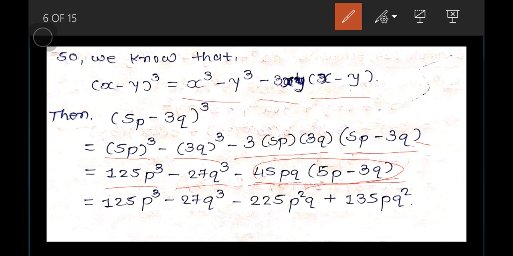After opening this bracket it is equal to 125p cube - 27q cube - 225p square q, and minus minus will be plus, 135pq square. With the help of these cubic algebraic identities we can find such expanded forms.